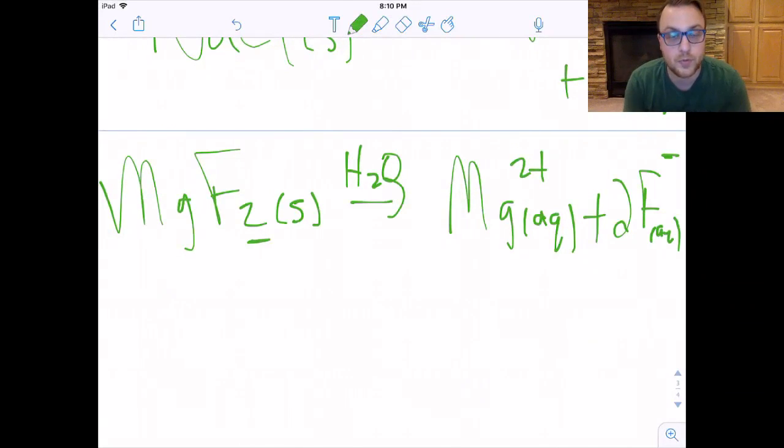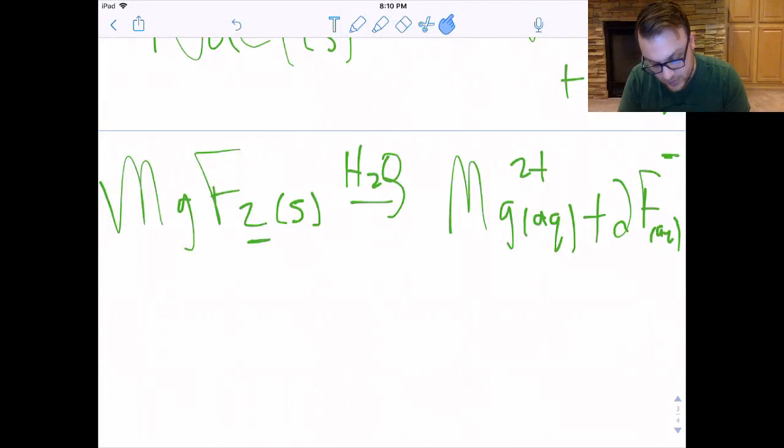And they're both aq. So solutions involve a substance completely dissolving in another substance, a solute completely dissolving in a solvent. You can have different types of solutions.